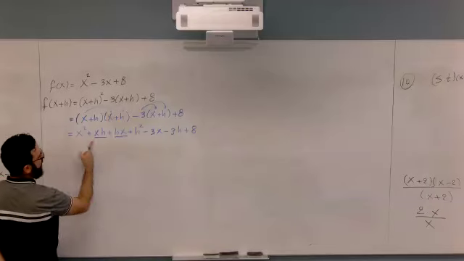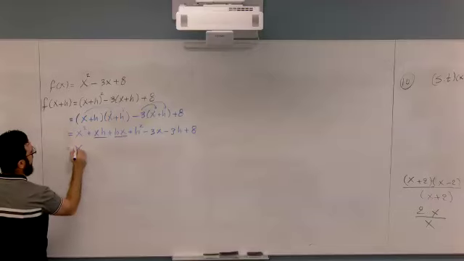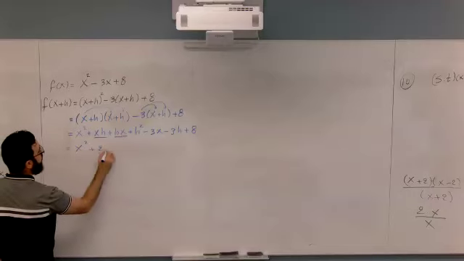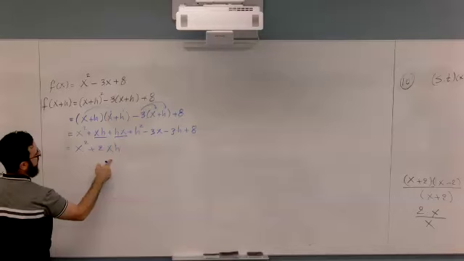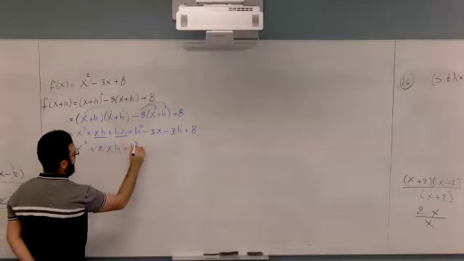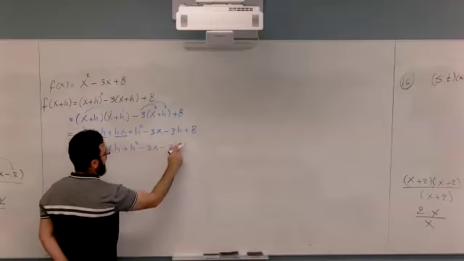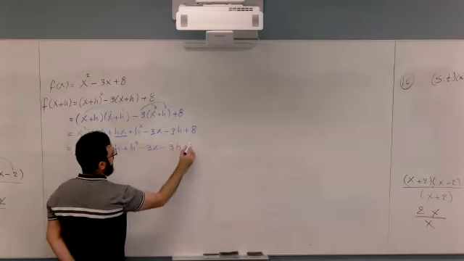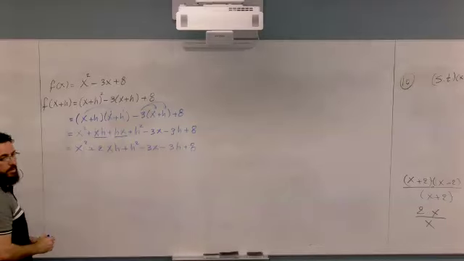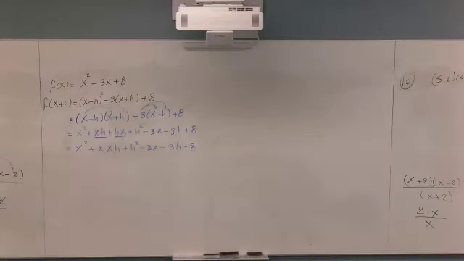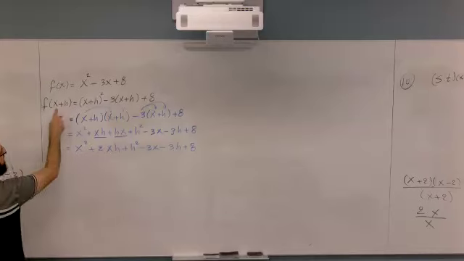That's it. It's going to be equal to x squared plus 2xh plus h squared minus 3x minus 3h plus 8. Is that okay? The whole thing here is what? f of x plus h.